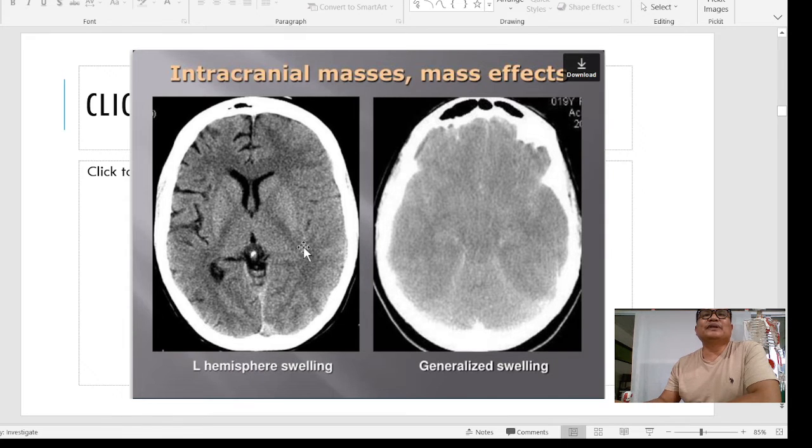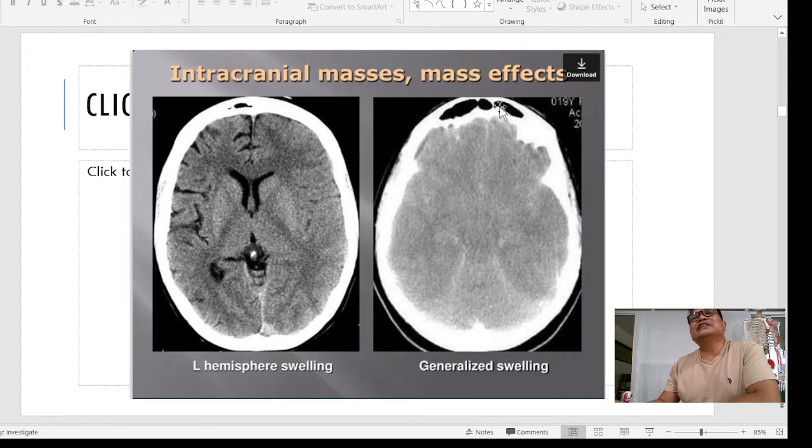So kani ang fluid na diri nag-accumulate sa sulod sa tissues. Nag-edema ang imong utok. So this is an example of generalized swelling. Look at the gyrus or the sulci of the brain. Wala na, absent na. These are all tissue fluid, no? Interstitial.